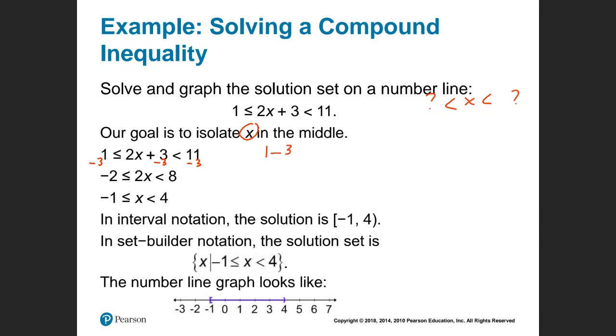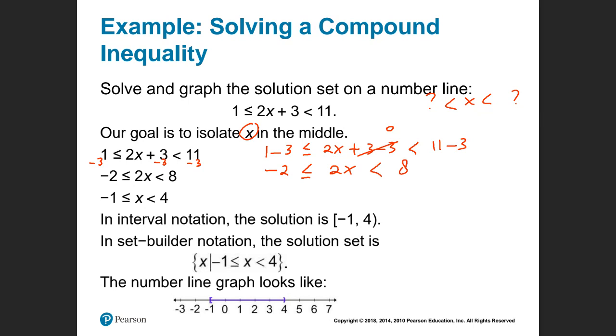I can write down over here: 1 minus 3 less than or equal to 2x plus 3 minus 3 less than 11 minus 3. So 1 minus 3 is negative 2, less than or equal to 2x, this is 0, less than 11 minus 3 is 8.